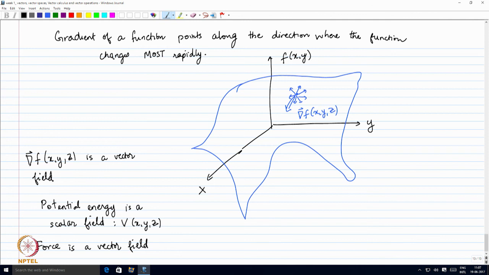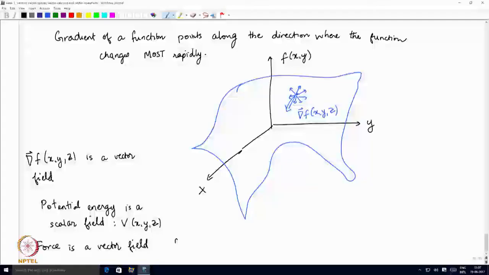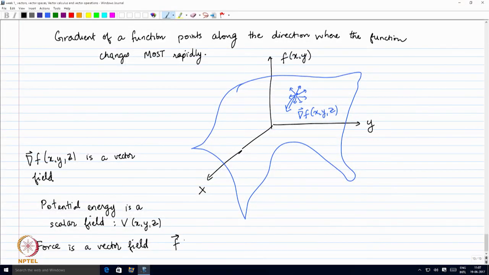So, if you are at any point in space, you will have a force which is a vector field, and this vector field, the force, is a function of x y z and is nothing but the negative gradient of the potential. This is true in general.